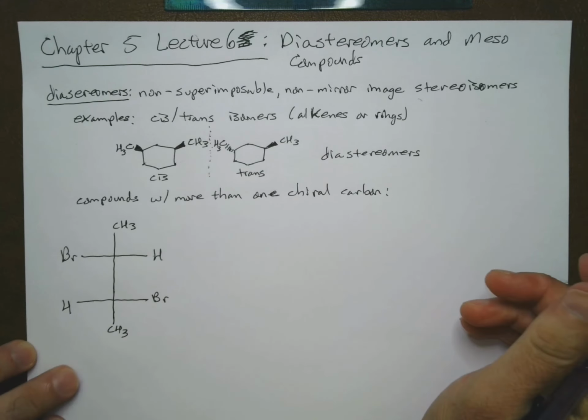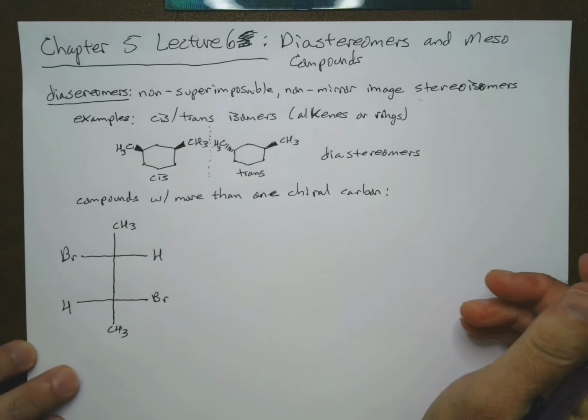Each of these carbons has four different things: hydrogen, methyl, bromine, and other stuff. We could even figure out the R and S configuration if we wanted to. So I just wanted to show you an example of diastereomers, also an example where Fischer projections are useful, and then talk a little bit about meso compounds.